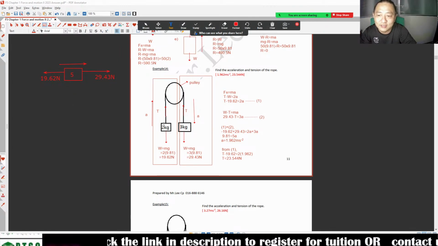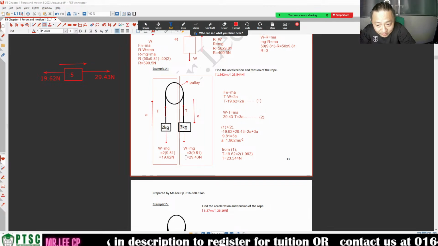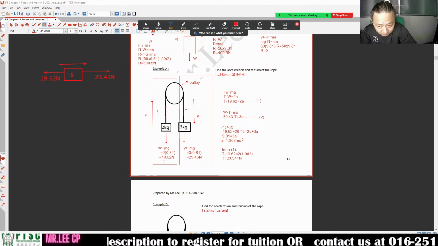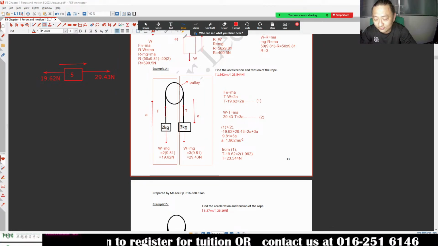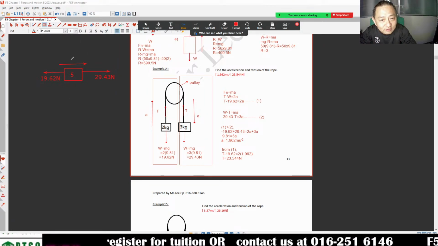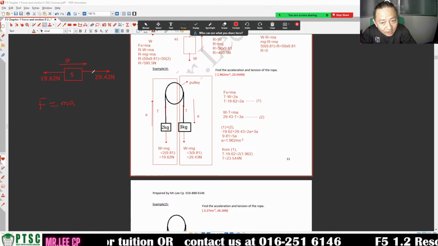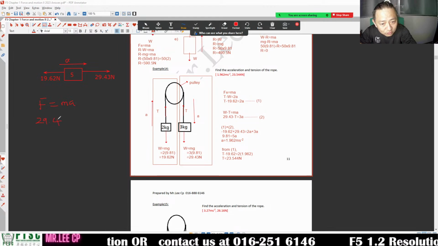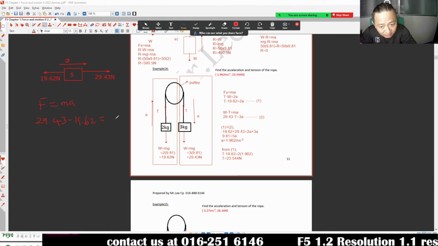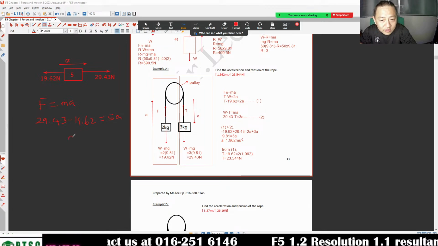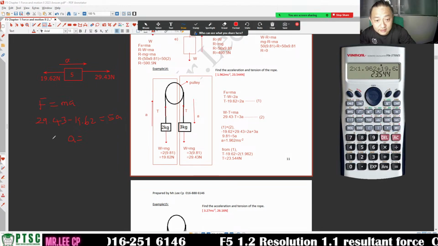All together the mass, 2 kg and 3 kg combined. The pulling force is bigger minus smaller, equal to total mass times A. So F is equal to MA: 29.43 minus 19.62 is equal to 5A.